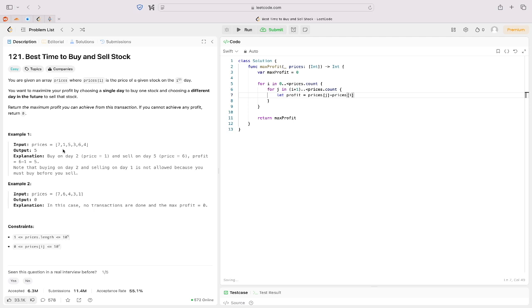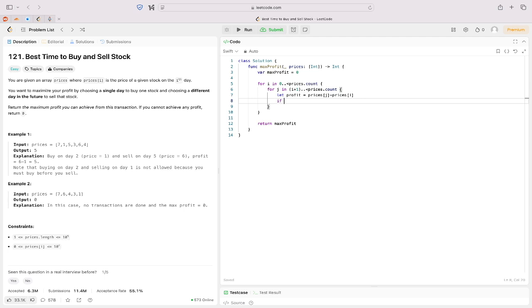So our buy is our first, our sell is the second, but to get profit, we subtract our buy price from our sell price, and then this is where we'll do our comparison to set our max profit. So if our profit is greater than our max profit, then our max profit becomes whatever value our profit is at.